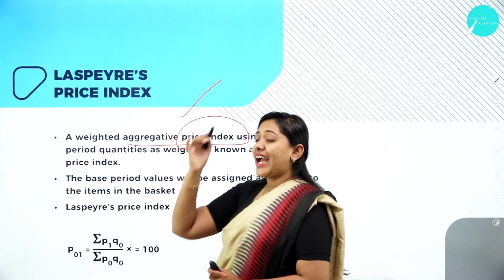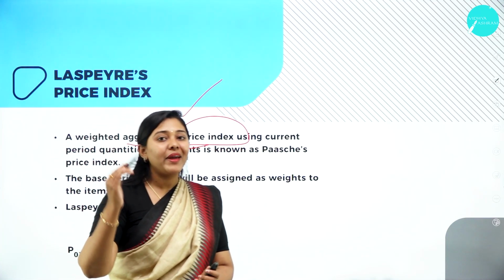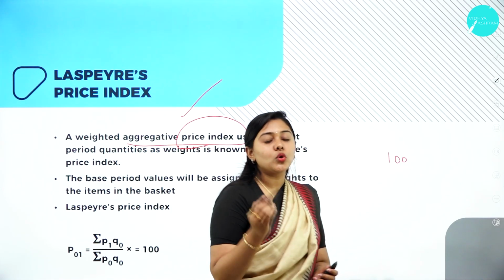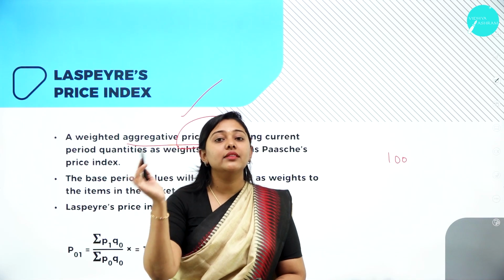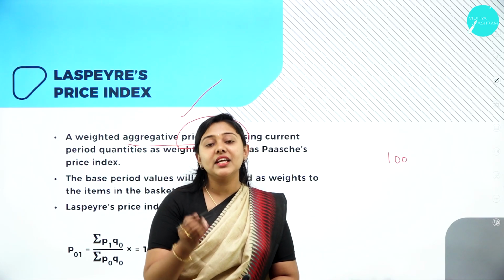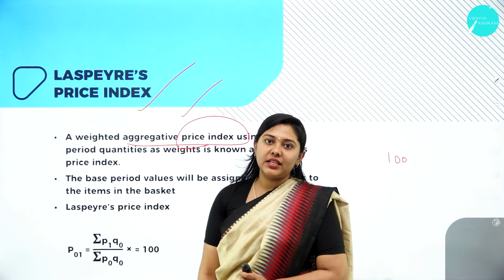In the last class we discussed that to calculate, the base period is kept as 100. If the weight, that is the quantity, is taken from the base period, then it is called what? It is the last price index method.